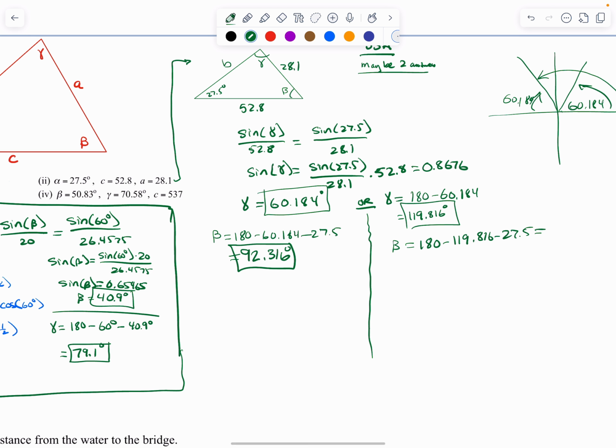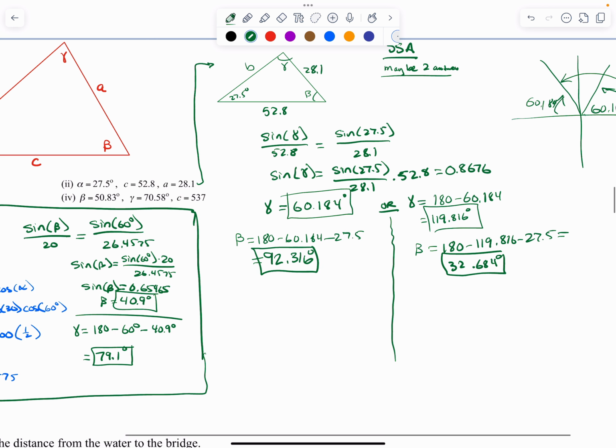Okay, so that's 32.684 degrees. And then the final step is to get our final side, and that will be different depending on which one we have. So whenever you have two triangles, it's a real pain in the butt. There's a lot of work to do.